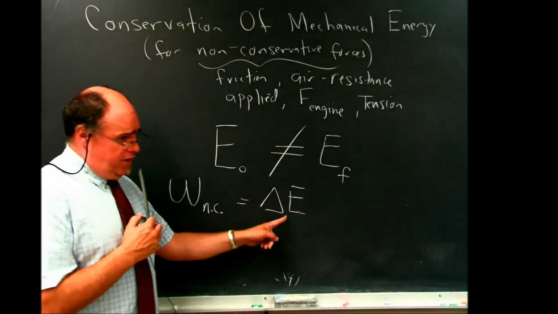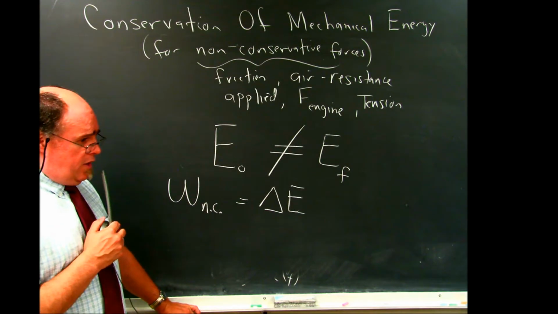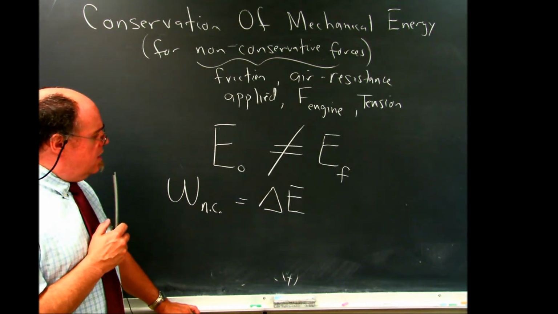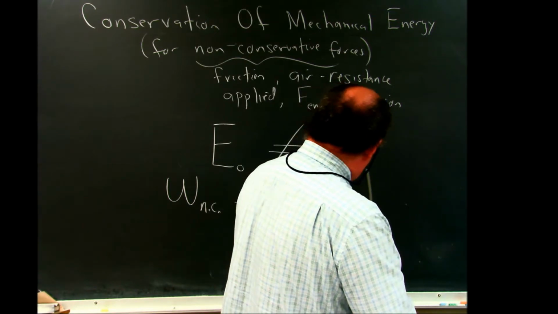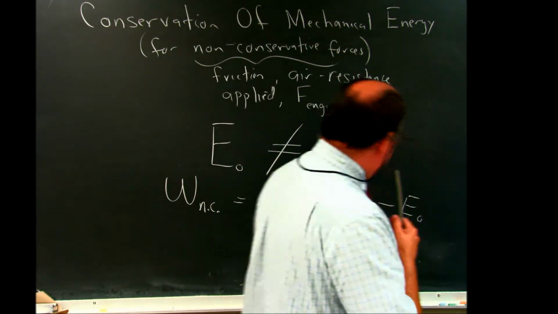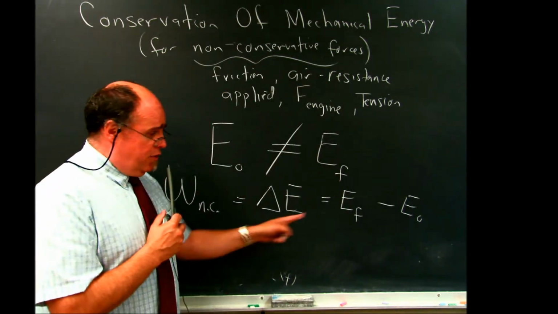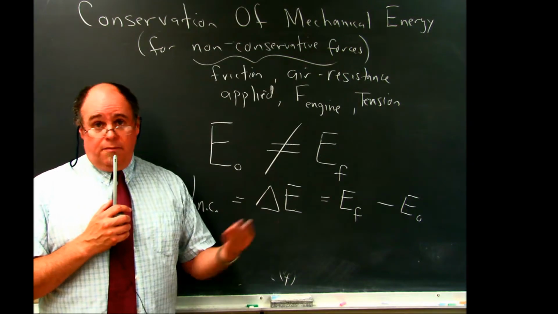Remember, that capital letter E means mechanical energy. If I expand this, mechanical energy would be the final energy minus the initial energy. Whenever I talk about energy, I'm talking about mechanical energy. It's kinetic plus potential.